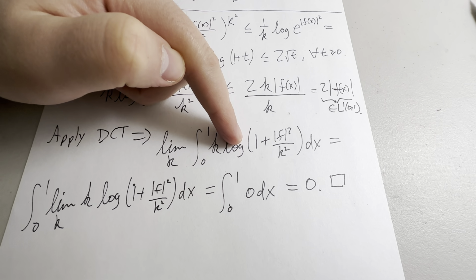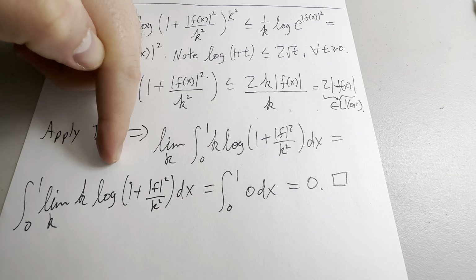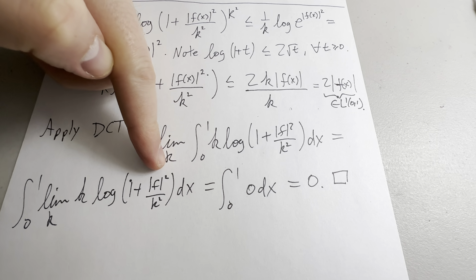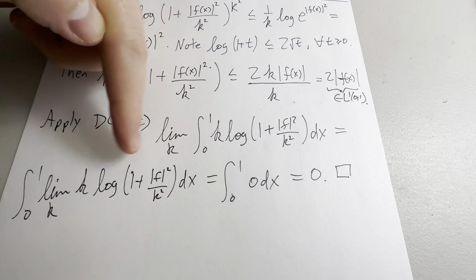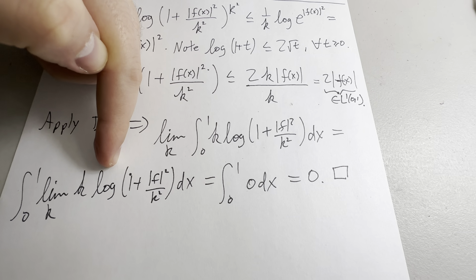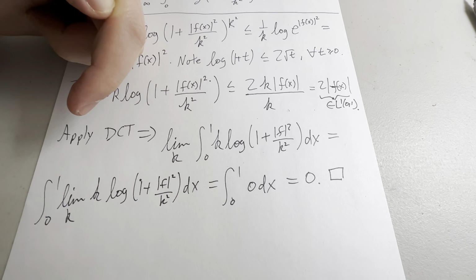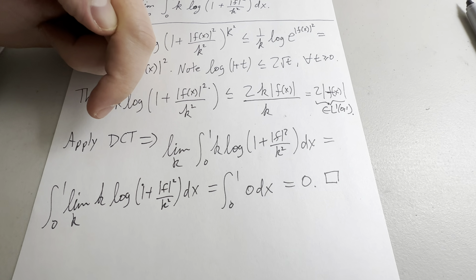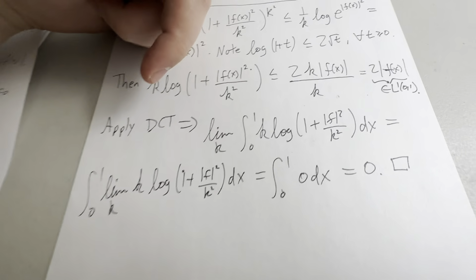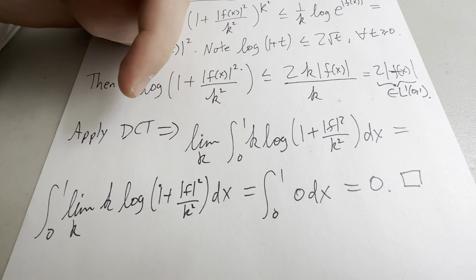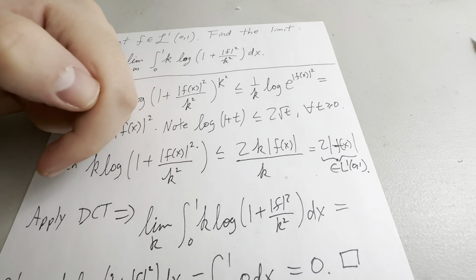So that looks good. Pass the limit inside, and then this becomes e to the f squared, that comes down in front. And then as k... Hold on a second, now I've talked myself out of it. What's tending towards 0?